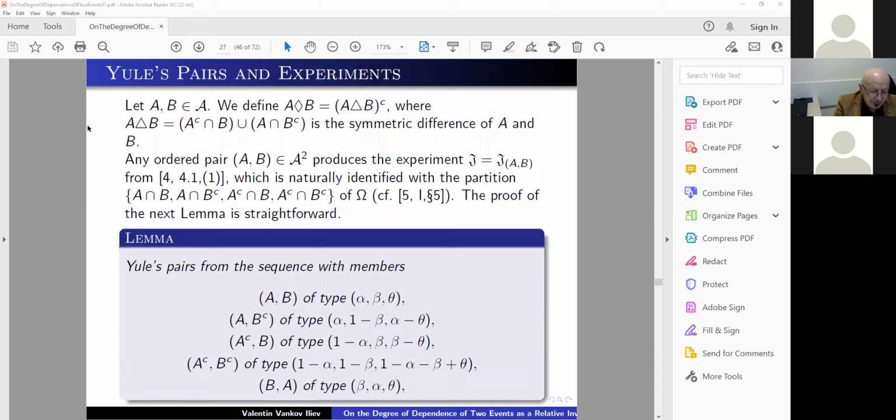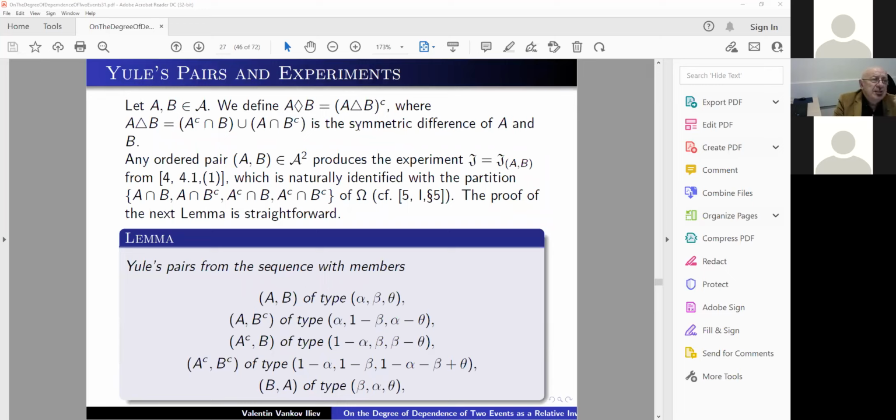And now let's begin with the second part of this work. First we define this notation. This is A diamond B. This is the complement of the symmetric difference.